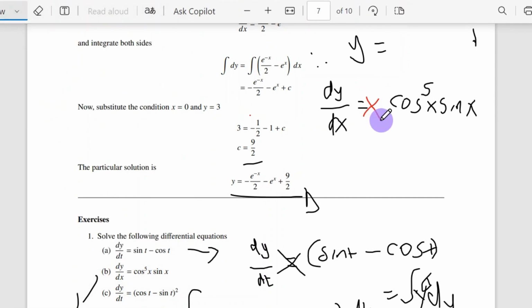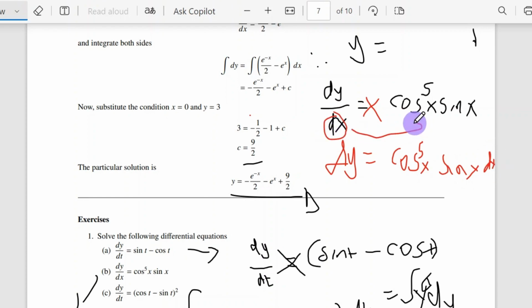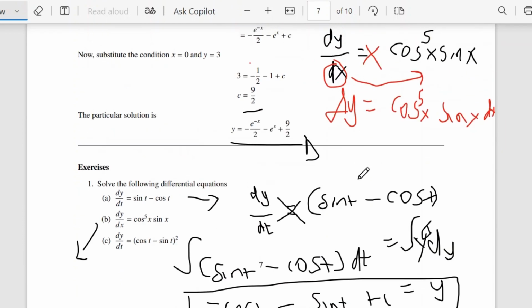You just do cross multiplication, so dy is equal to cos^5 x sin x dx, because we took this dx to that side. So now it's dy is equal to cos^5 x sin x dx, I copied it again.